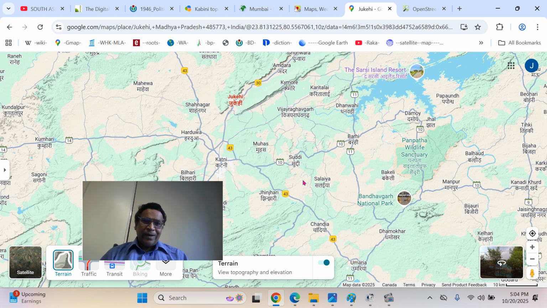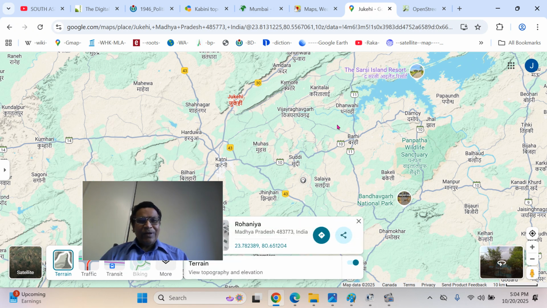The route was aligned during the British India government time, taking advantage of that gap. Allahabad, Shankargarh, Manikpur railway junction, then Satna railway station to Maihar, then Jukehi to Katni junction, going to Jabalpur junction.